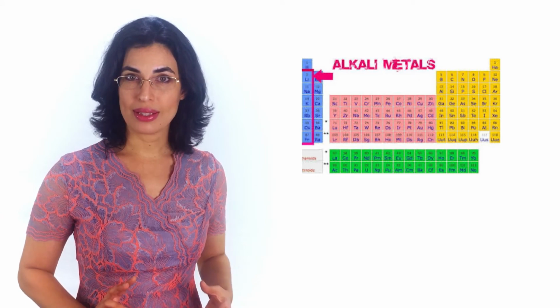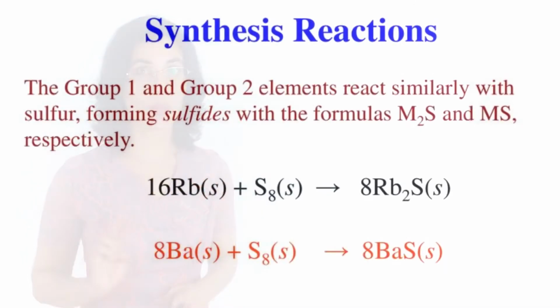For example, lithium oxide with the formula Li2O. The group 1 elements react with sulfur to form sulfides with the formula M2S. And the group 2 elements also combine with sulfur to produce sulfides with the formula MS. Examples of this type of reaction are shown here.